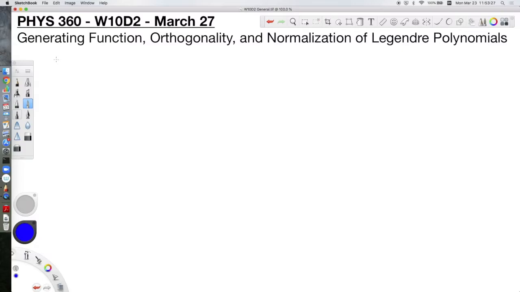And today we're going to talk about a few things related to the Legendre polynomials. The Legendre polynomials are the solution to Legendre's equation, which I may as well write up here at the top as a reminder.